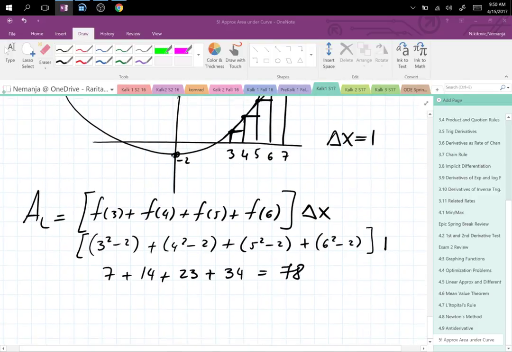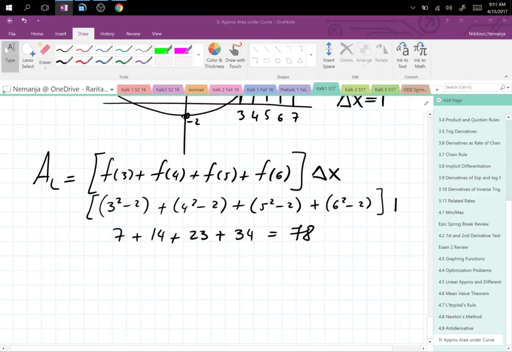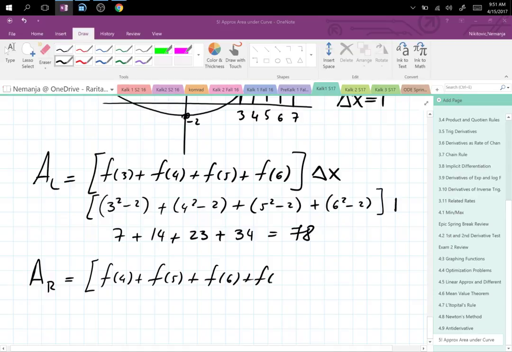Now you do the right points, which is you are not using f of 3, you are using f of 7. So area from the right is f of 4 plus f of 5 plus f of 6 plus f of 7. All of that times the same delta x, which is 1.